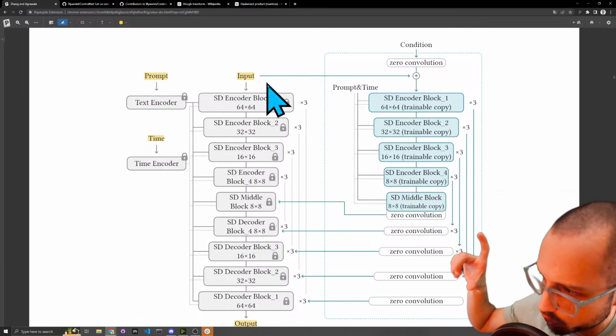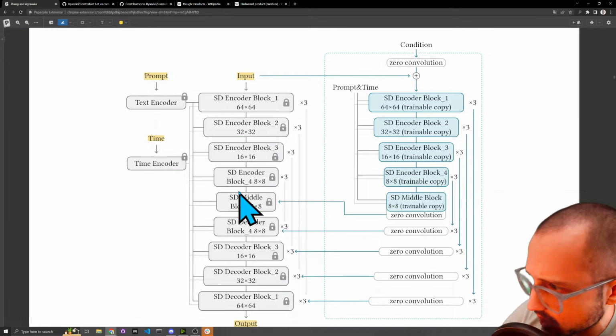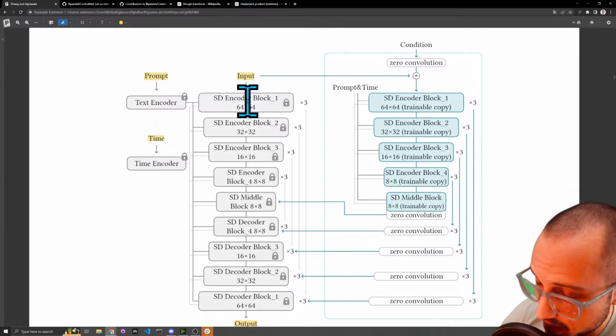So the first part is the encoder, and then the decoder is when it goes back out. Every block within this architecture is conditioned on both the time and the text. So this encoder block 1 here is being conditioned on the prompt. It's also being conditioned on the time.